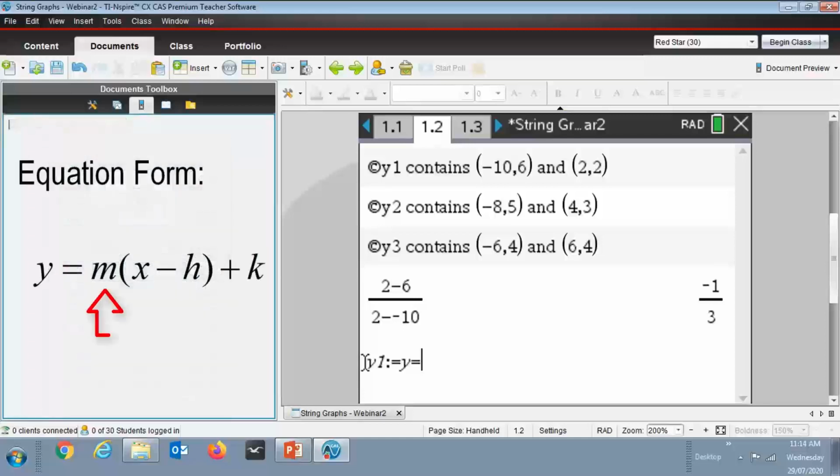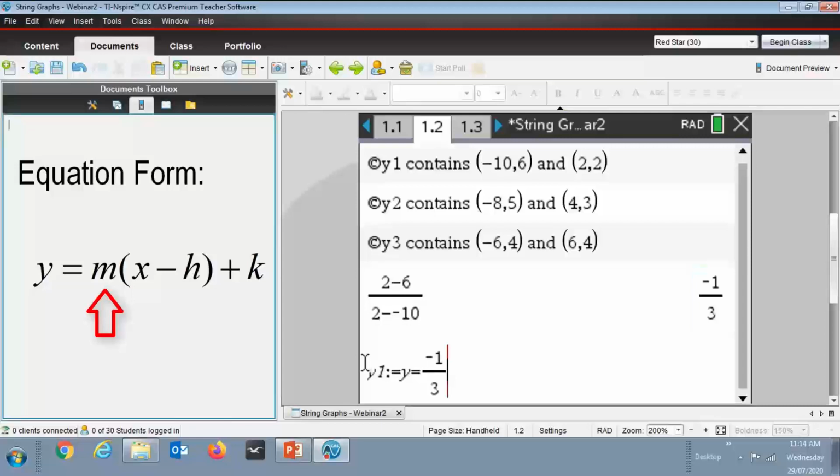We want the gradient. I'm going to go up, press the up arrow key and capture that and press Enter. And it's a cut and paste technique from Nspire that's really good. Open the bracket, x minus the x-coordinate of the point 2,2, close the brackets, and then plus the y-coordinate of that second point, 2,2. So there's the equation of y1.